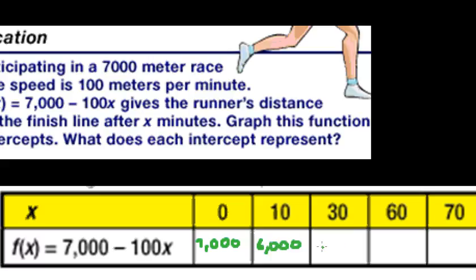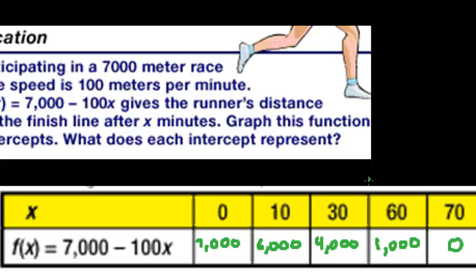For 30, I'd have 100 times 30 is 3,000, so 7,000 minus 3,000 is 4,000. 60 times 100 is 6,000, and 7,000 minus 6,000 is 1,000. And finally, 70 times 100 is 7,000, and 7,000 minus 7,000 is 0.